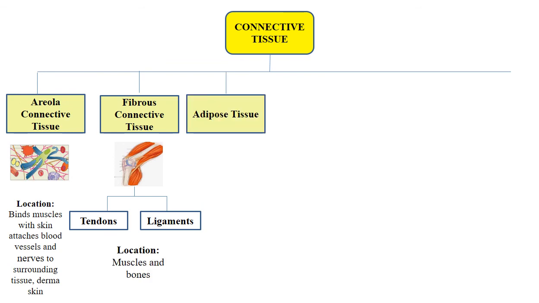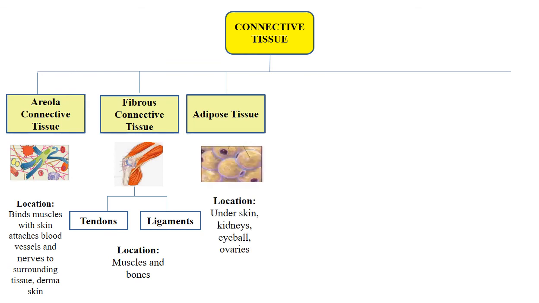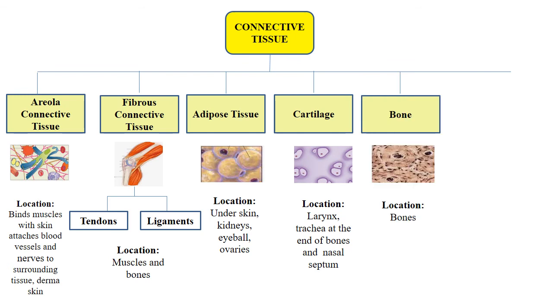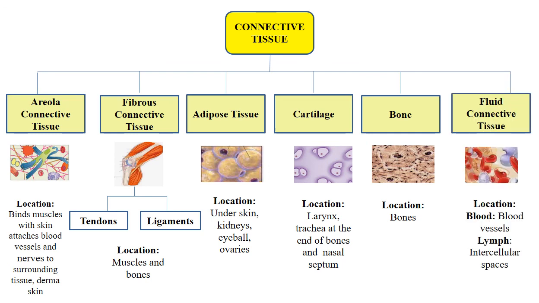Adipose tissue. Location: under skin, kidneys, eyeball and ovaries. Cartilage. Location: larynx, trachea, at the end of the bones and nasal septum. Bone. Location: bones. Fluid connective tissue. Location for blood is blood vessels and for lymph it is intercellular spaces.